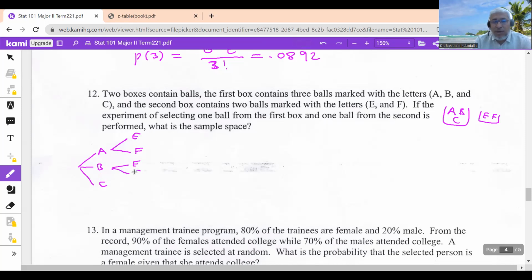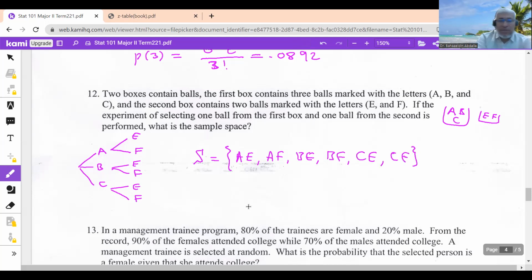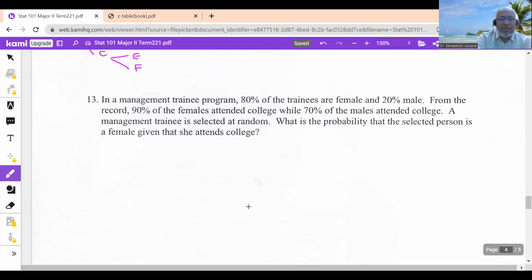Also here, E or F, and here E or F. So in fact, the sample space consists of all of these possibilities: A with E, or A with F, or B with E, or B with F, or C with E, or C with F. So there are 6 possibilities in this case, and this is the sample space.